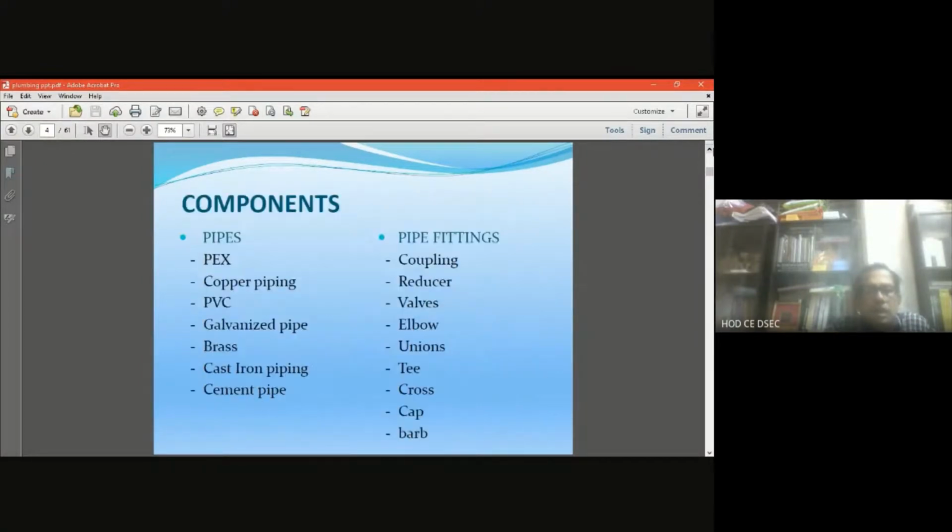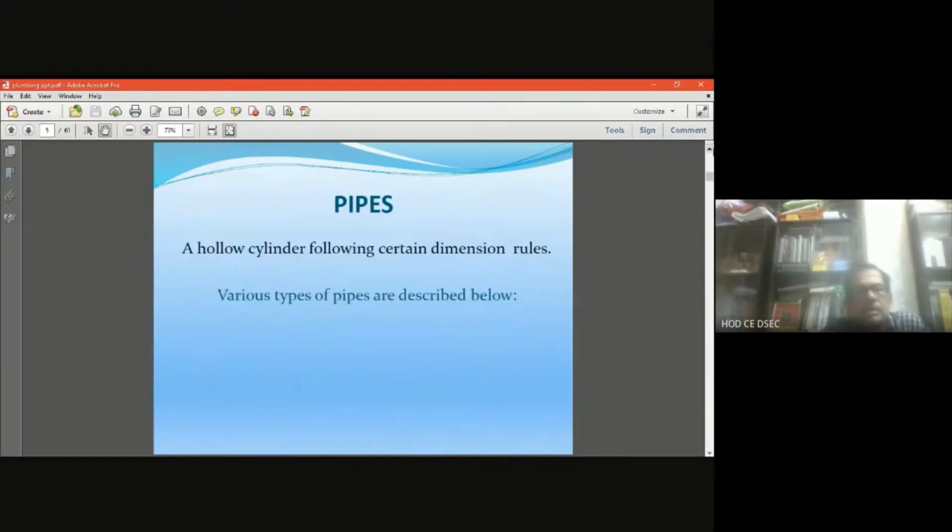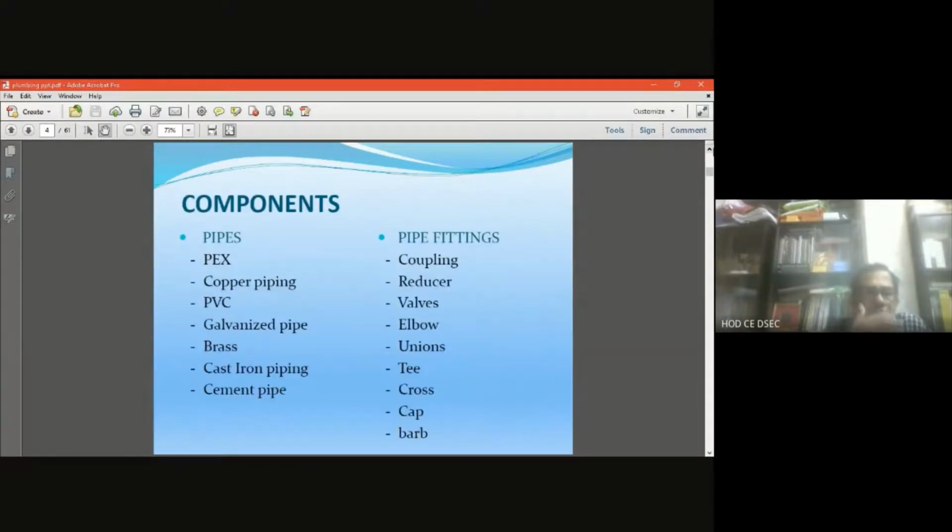So far I have discussed pipes: PEX, flexible plastic piping, copper piping, PVC piping, galvanized piping, brass piping, cast iron piping, cement piping. Mostly nowadays in the modern scenario, PVC and CPVC pipes are used for plumbing.